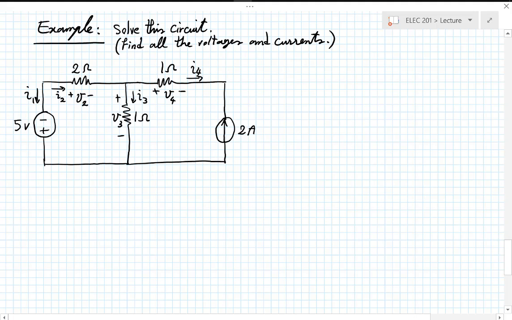For the source on this side, I know the current, 2 amps going up. I don't know the voltage, so let's give that a name. V5. So you might already say you know your V1 is 5 volts in that direction, and you know your I5 is 2 amps going up. Okay.